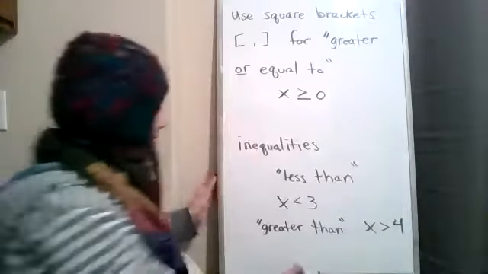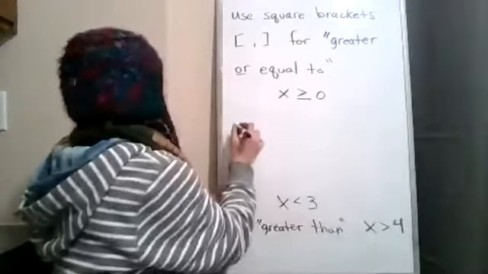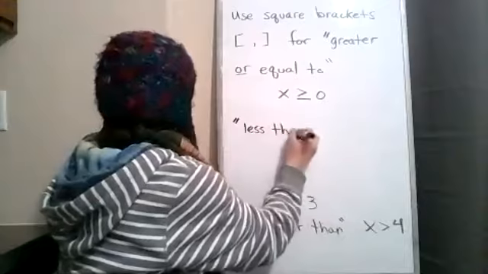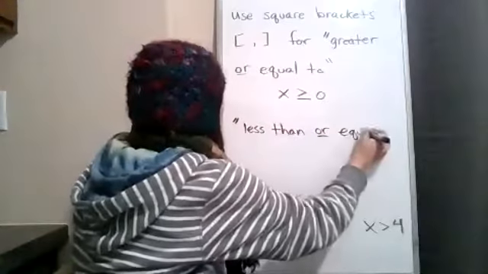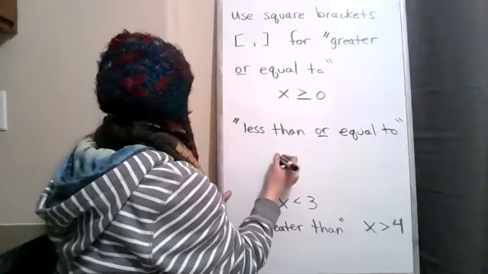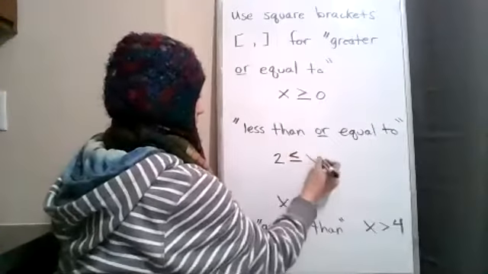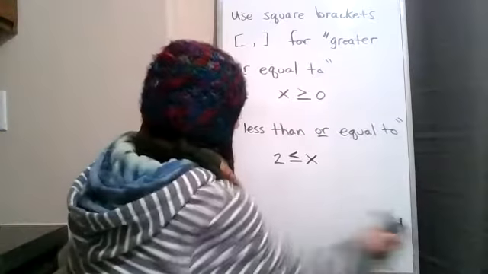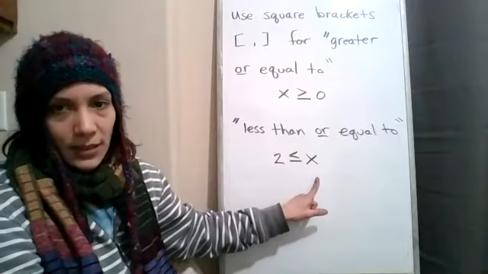We could also have 2 less than or equal to x. Okay, 2 is less than or equal to x.